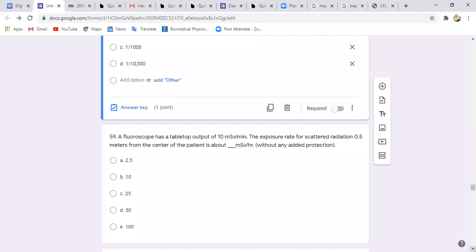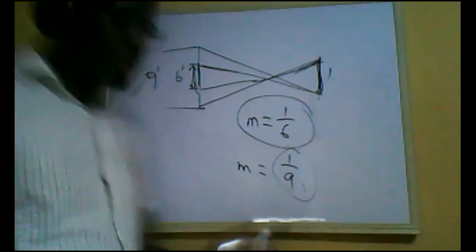So how about this? Let's just do the mathematics of this quickly, a little mathematics. I think I'll have to use the board now. Of course, our exposure rates obey the inverse square law of distance.